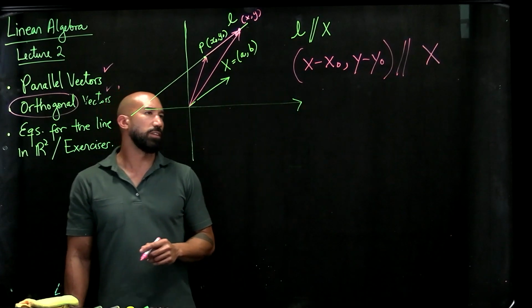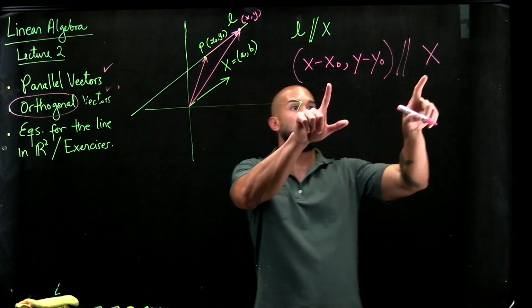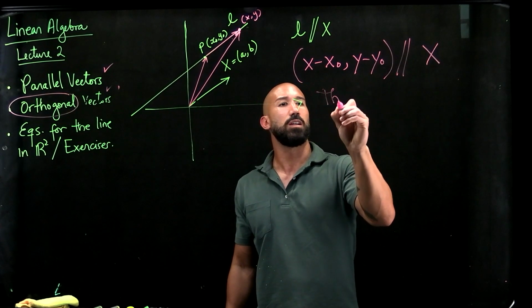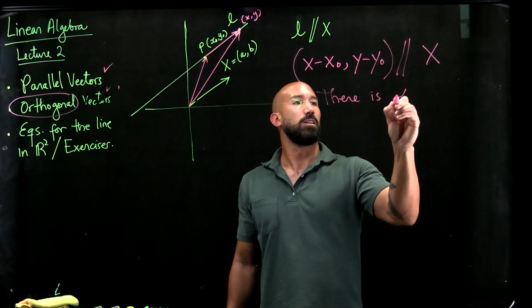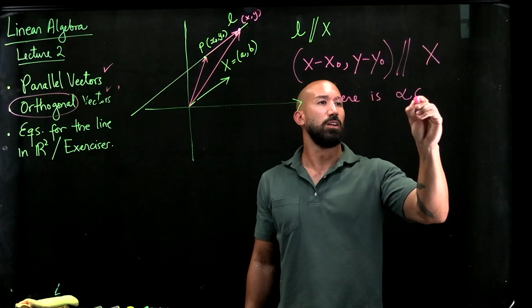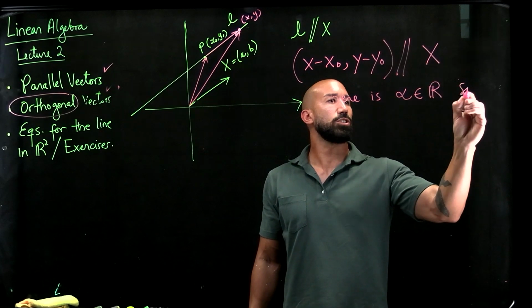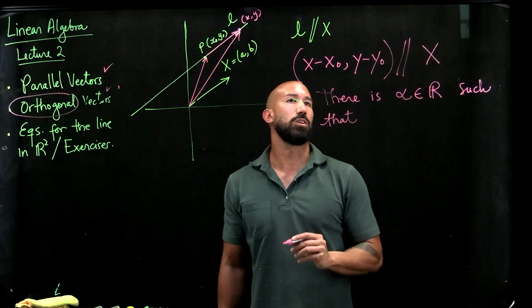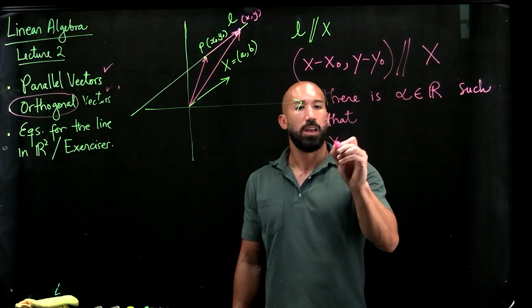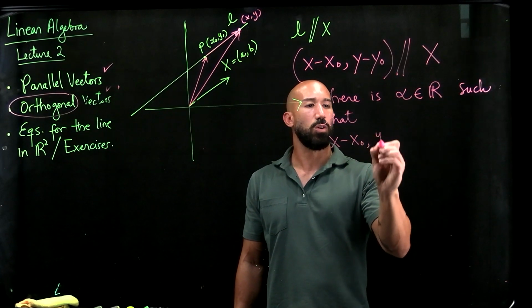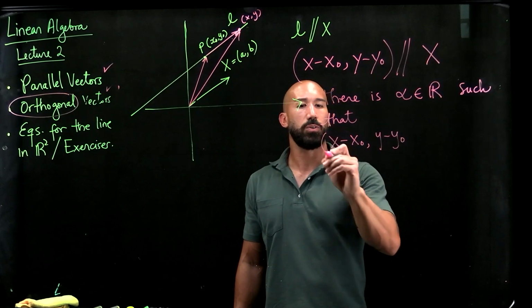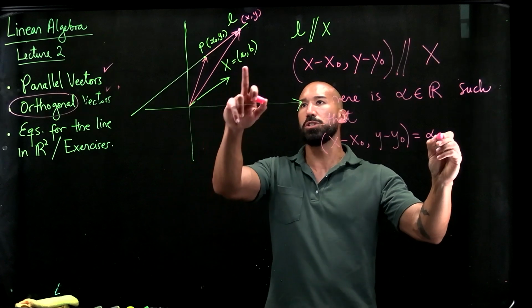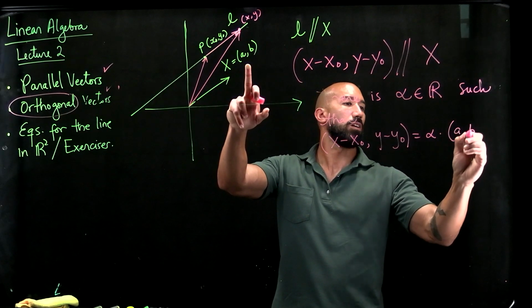And this is going to be the first equation that we have for the line, because now we know that if two vectors are parallel, there is an alpha real such that (x minus x0, y minus y0) is equal to alpha times (a, b).